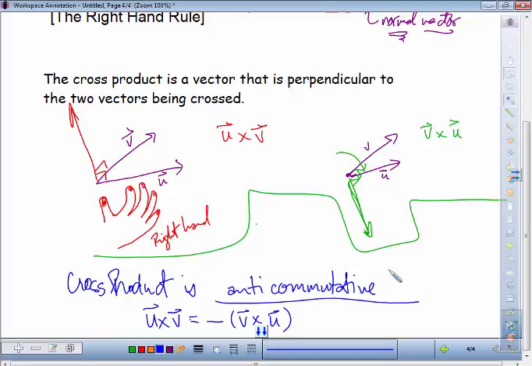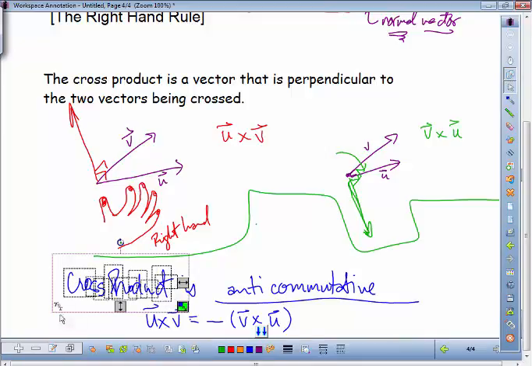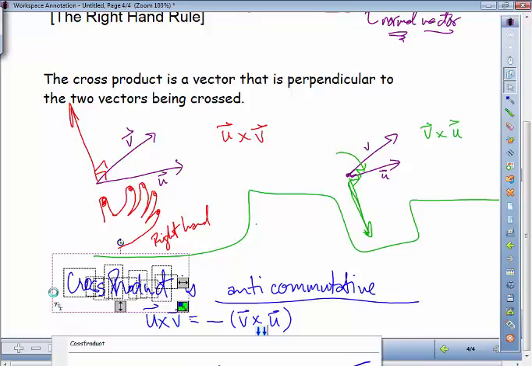Cross product. Let's see what this program thinks I wrote. Cross-frodoped. I'll have to deny this.